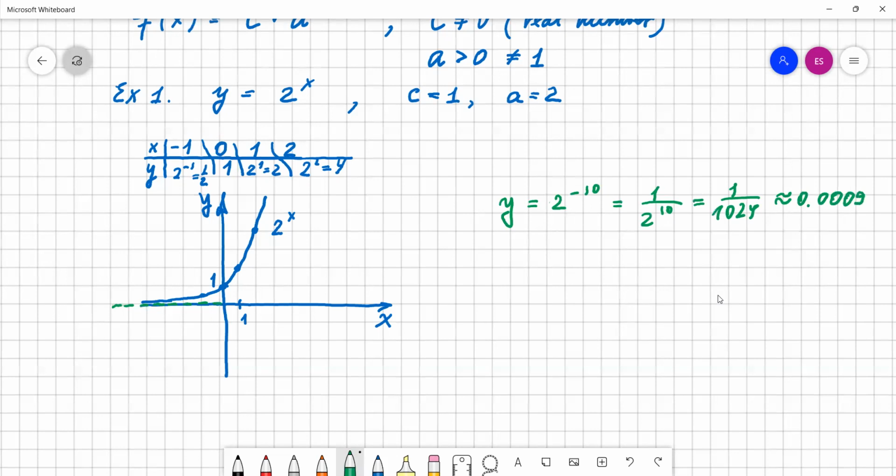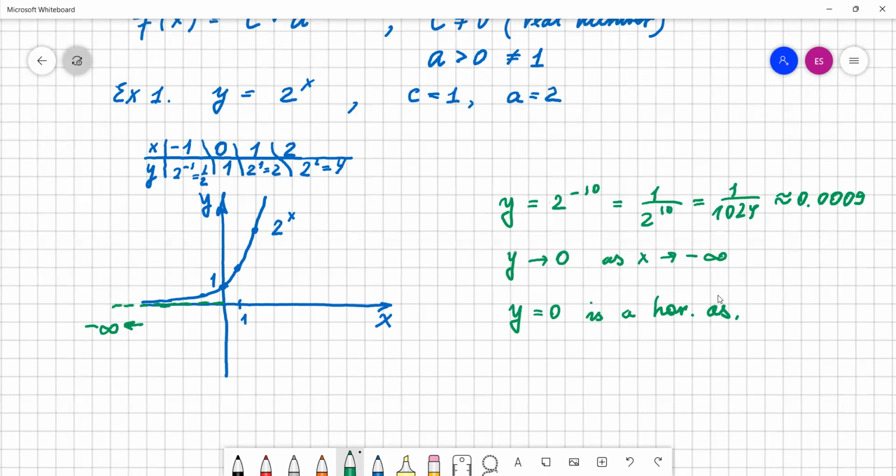So the further I go to negative infinity, the closer y is becoming to 0 as x approaches negative infinity. So y equals 0 is a horizontal asymptote for this graph. A horizontal asymptote means that we are going to use a dashed line to graph it.